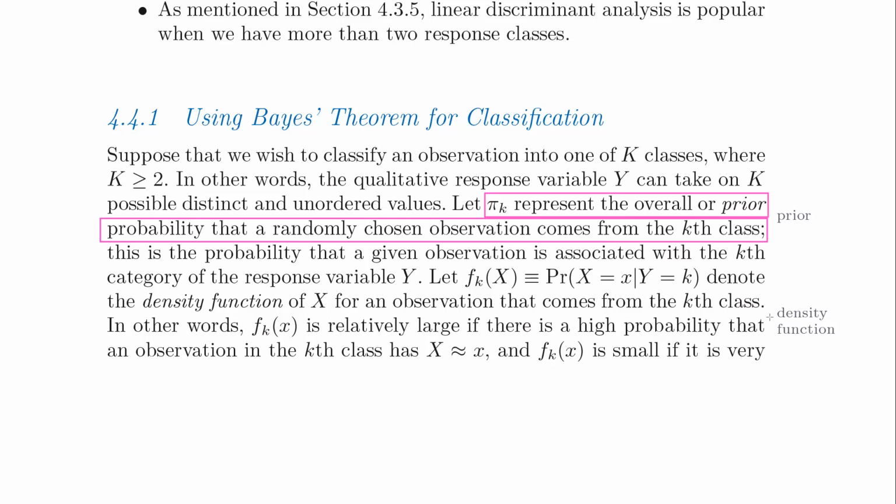Pi k represents the overall or prior probability that a randomly chosen observation comes from the kth class. I haven't quite understood this yet, but so let's see. This is the probability that a given observation is associated. So for example, I give an observation a patient at the emergency room is associated with the kth category of the response variable.